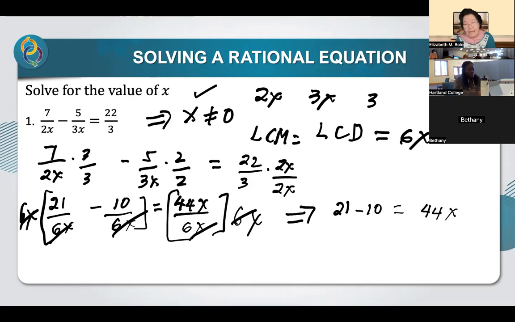So what will be your final answer? 21 minus 10 is 11, right? 44x. So what will be x? 4. Okay.